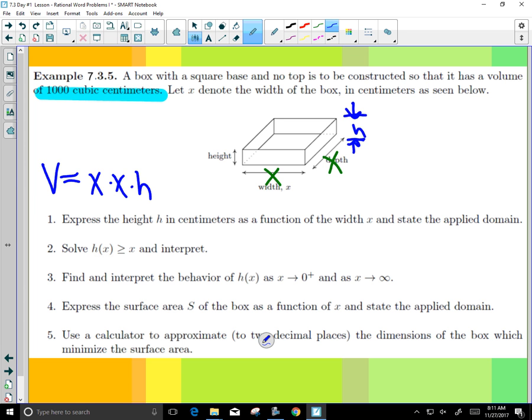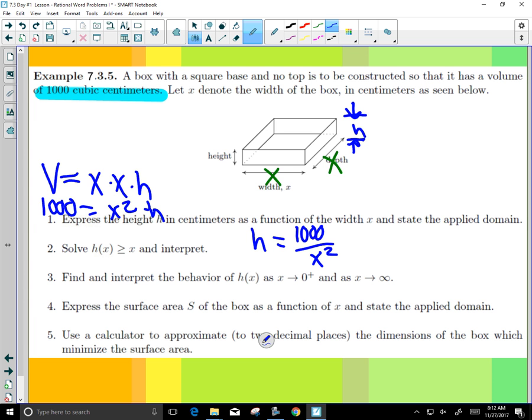So we're going to call this 1,000, equal to x squared times h. Solve for h. Okay, so express the height as a function of the width. So h is just going to be equal to 1,000 over what? X squared. You got it.